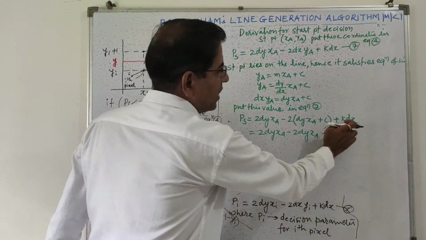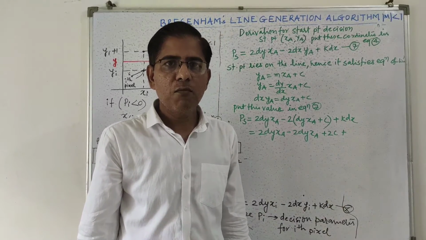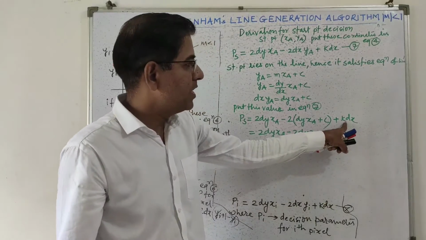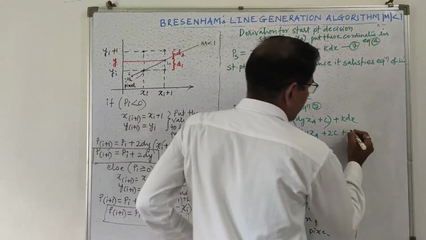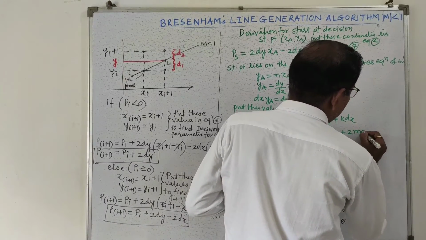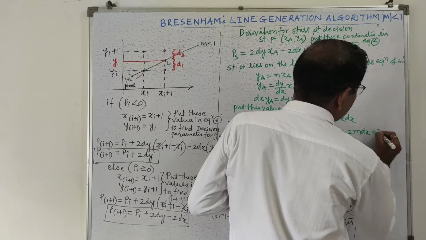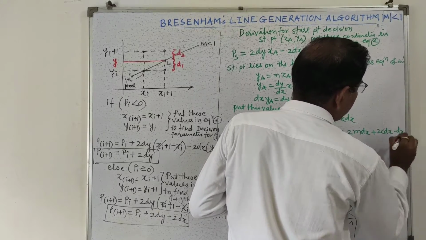Now we know that k is nothing but 2m plus 2c minus 1, so replace k by its original value. It becomes 2m dx plus 2c dx minus dx.